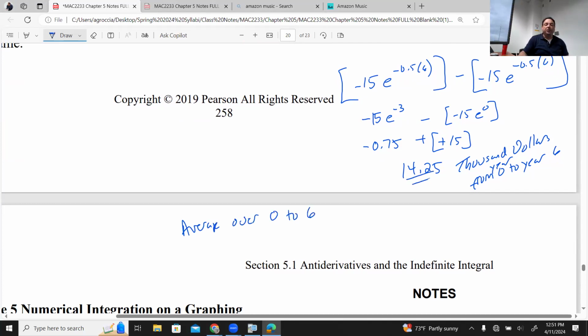So you found the total, 14.25. If I wanted the average, what would I do to that number? Divide by 6 years. 0 to 6. How many years have gone by? 6 years. So the last part is if I ask for average over the 6 years, you would take that number and divide by 6.